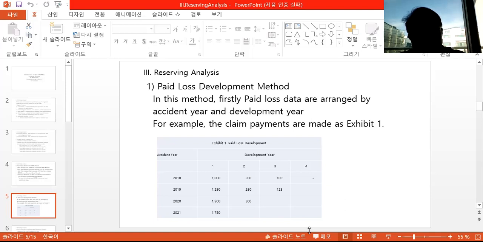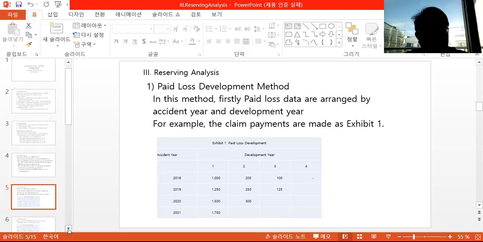For example, for the claim incurred in year 2018, in the first year the payment made is $1,000. The second year the payment made is $200. And the third year an additional payment of $100 is made. And in the fourth year no additional payments are made, so all claims are closed.